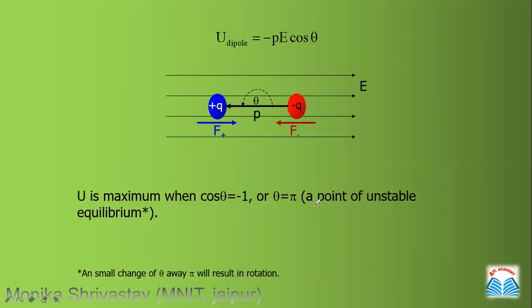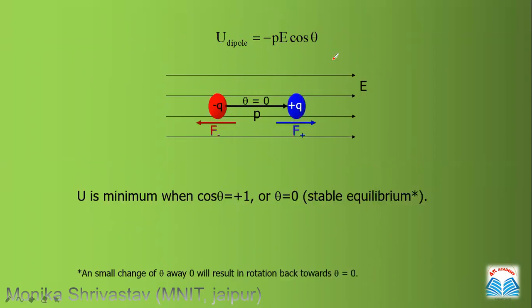For different values we can find different potential energy. Like for cos theta equals minus 1, where theta equals pi, we will have U dipole equals PE. So that will be the maximum value.